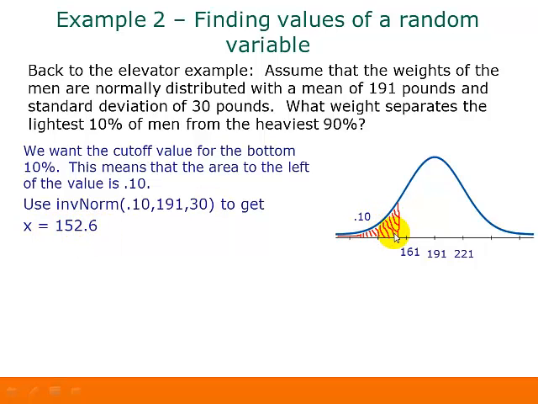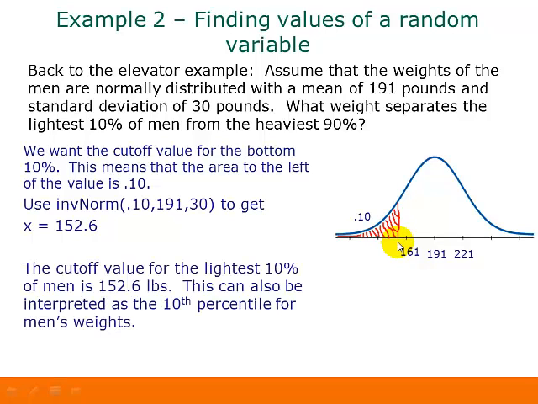So the value right here is 152.6 pounds. So that would be the cutoff for determining the lightest 10% of men. So in other words, men who weigh less than this would be in the bottom 10%. Men who weigh more than this would be in the top 90% as far as weights. We could also interpret this as the 10th percentile for men's weights.